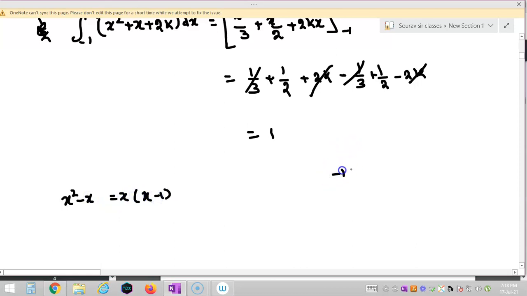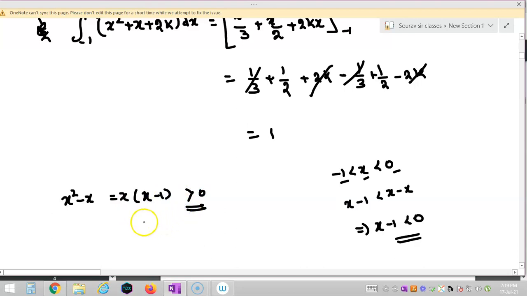Now when -1 is less than x less than 0, the value of x is negative, and x minus 1 is less than 0, so this quantity is again negative. So x is negative and x minus 1 is again negative, so the product is positive.